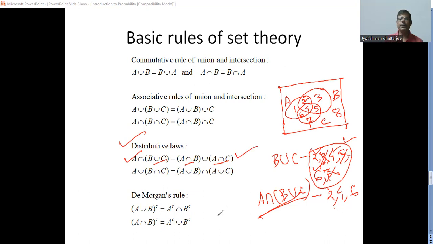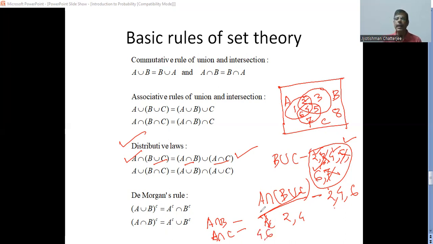What is this part? A intersection B, which parts are there? A intersection B means only 2 and 4. And how about A intersection C? Please observe that A intersection C gives us the parts 4 and 6.